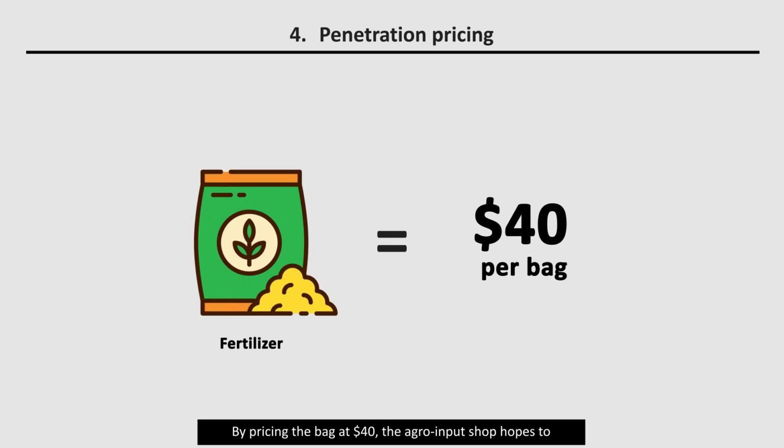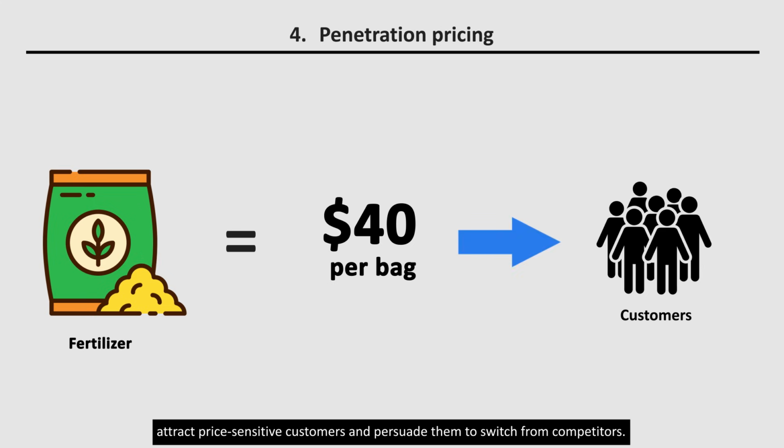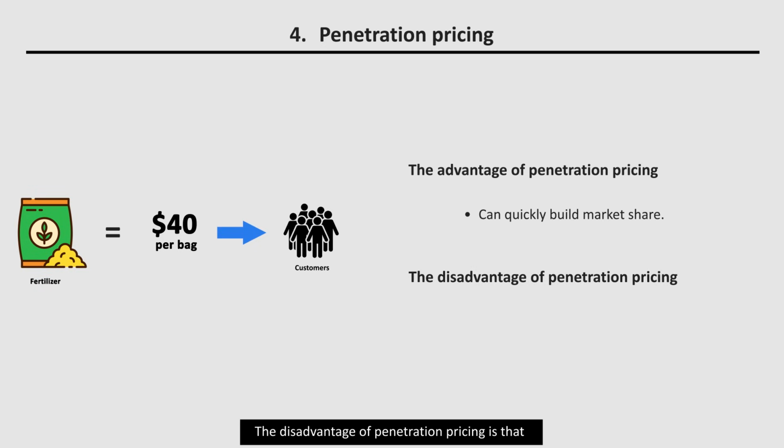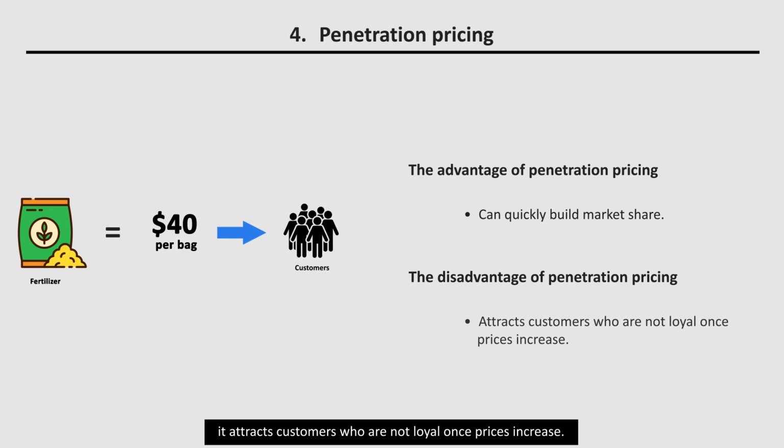By pricing the bag at $40, the agro-input shop hopes to attract price-sensitive customers and persuade them to switch from competitors. The advantage of penetration pricing is that it can quickly build market share. The disadvantage of penetration pricing is that it attracts customers who are not loyal once prices increase.